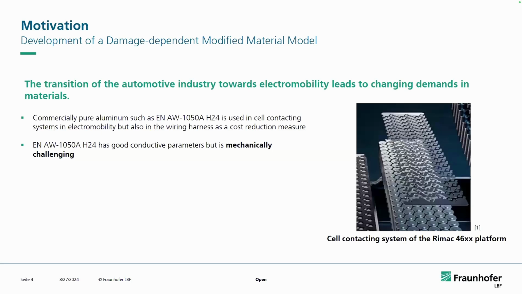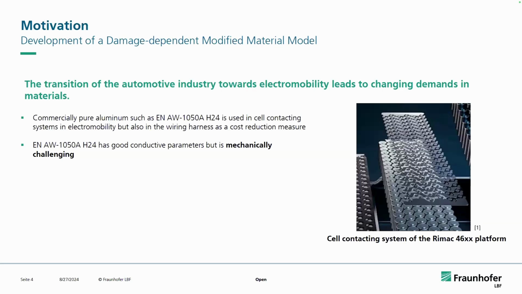So now first, let's talk about the motivation. As you probably know, the automotive sector is in quite a big transition due to electromobility, and therefore there's a lot of demand for new materials we didn't use so far in the automotive sector. And one of them is commercially pure aluminum alloys, such as the 1050 aluminum alloy that is used in cell contacting systems.